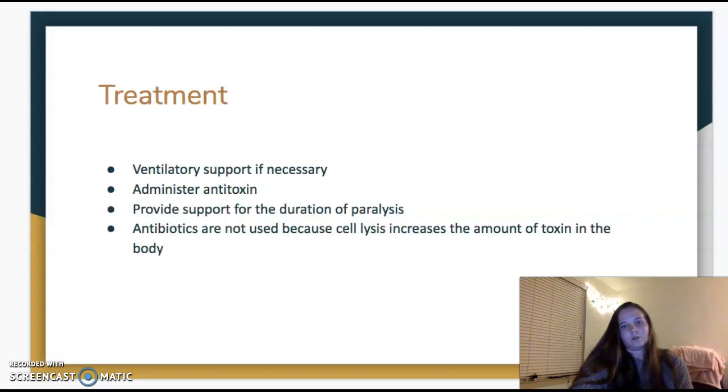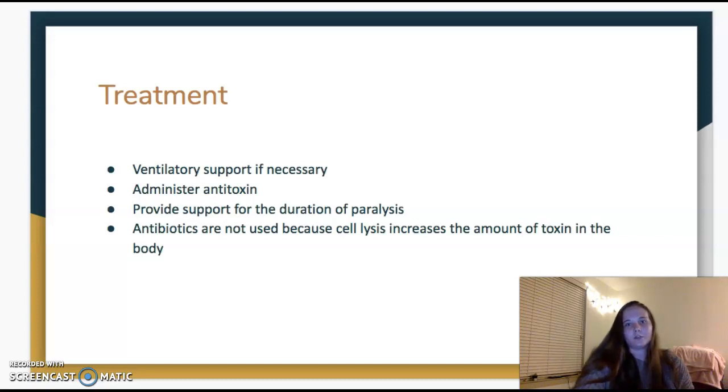For treatment, you're going to have ventilatory support if they need it. You're going to administer the antitoxin, which only helps so much, and you want to do it as soon as possible because it won't bind to the toxin that's already bound to the acetylcholine receptors.